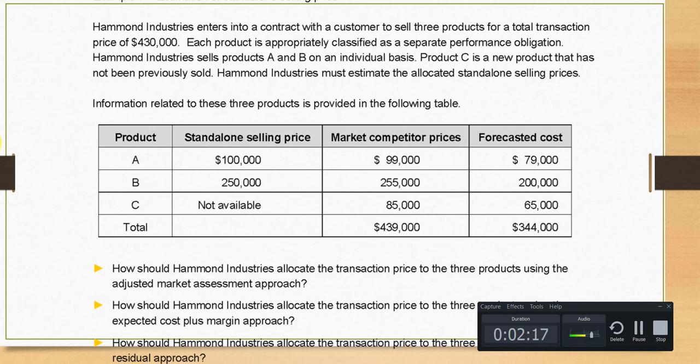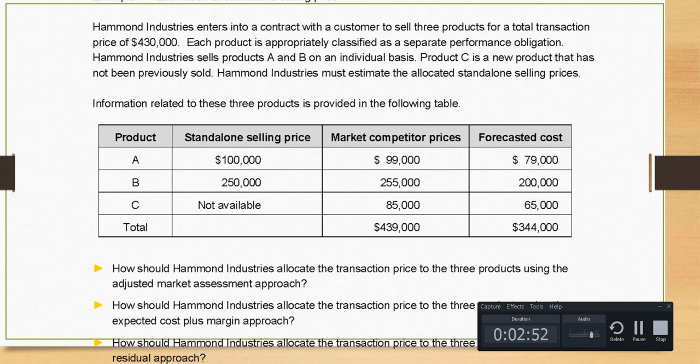So the first one is the adjusted market assessment approach, where we look around at other competitors' prices and what they're charging for similar or exactly the same products, with any adjustments that we might need based on features or something. We can make an adjustment there, and we see that we have a market competitor price of $99 for product A, $255 for B, and $85 for C.